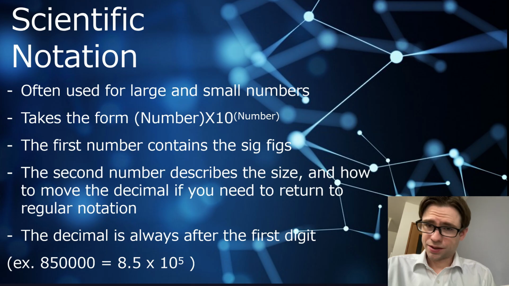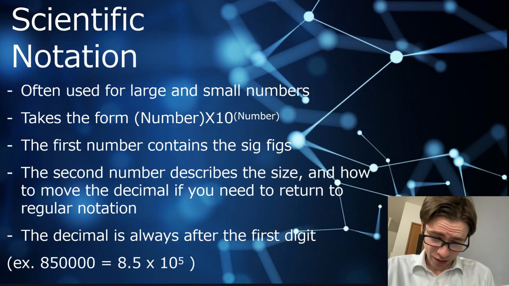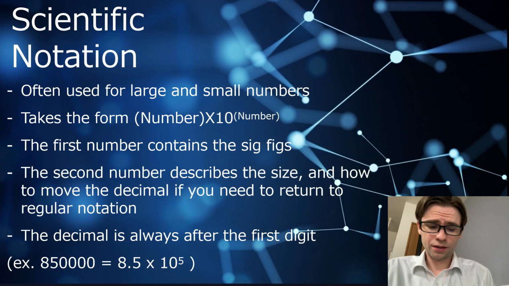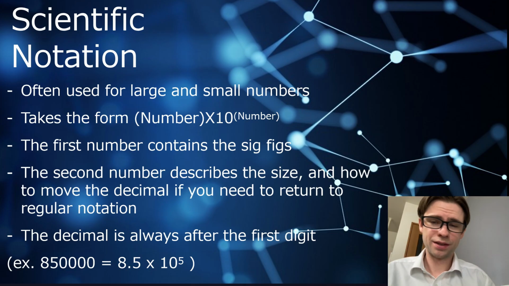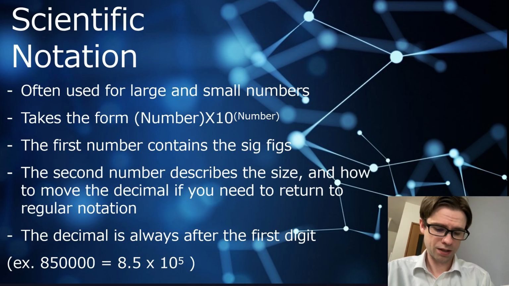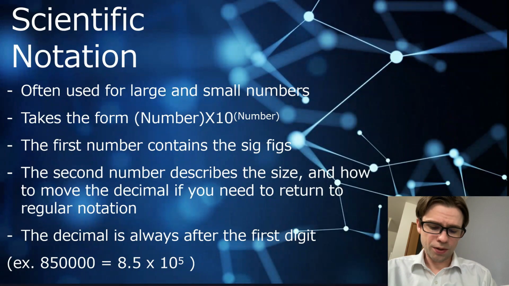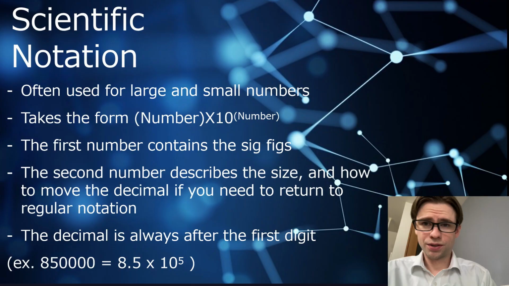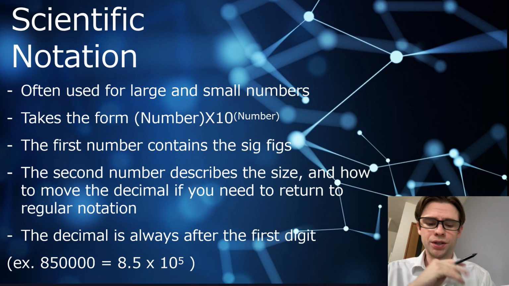Now, linking this to significant figures, the first number, the number on the left, contains your sig figs. So it contains all the information about the precision of the measurement. The second number describes the size of your number, the power of 10, and also how to move your decimal place if you want to return to your regular notation.